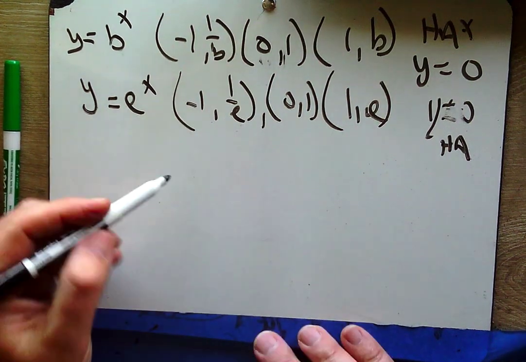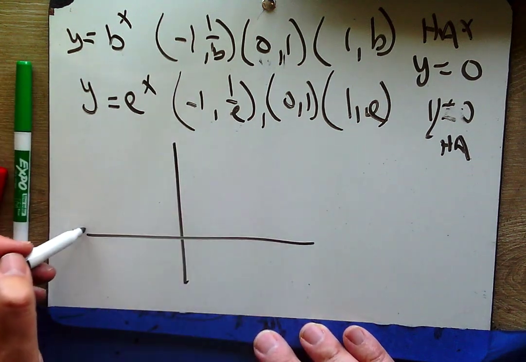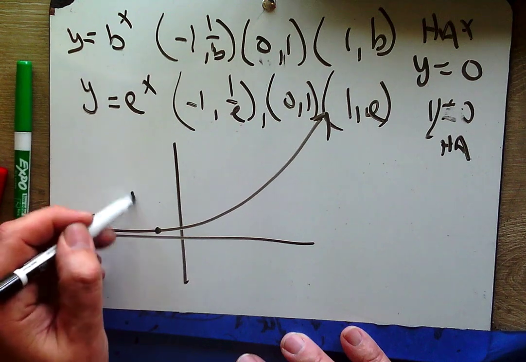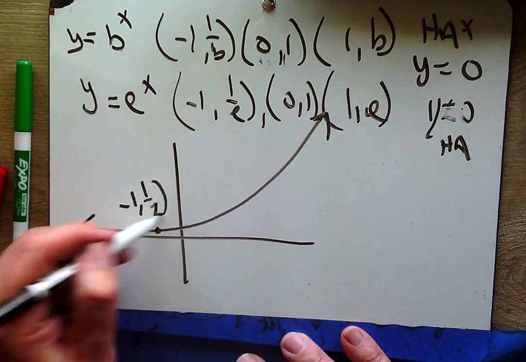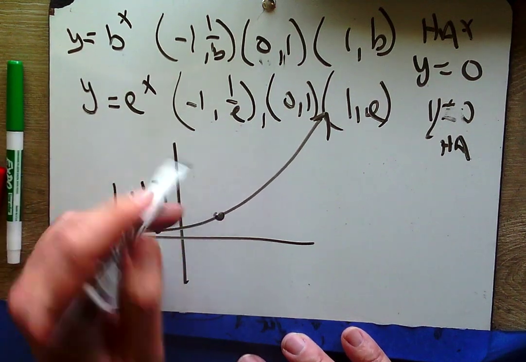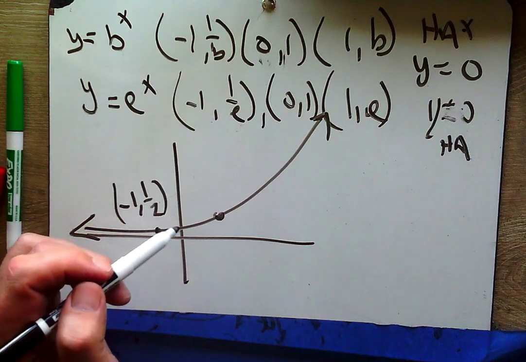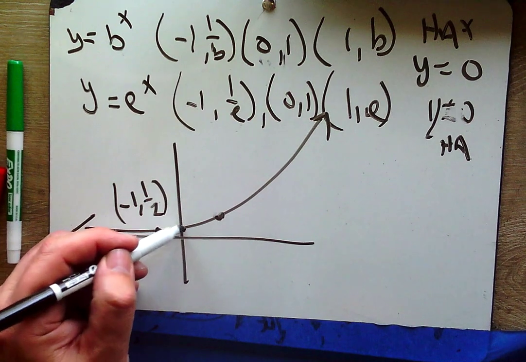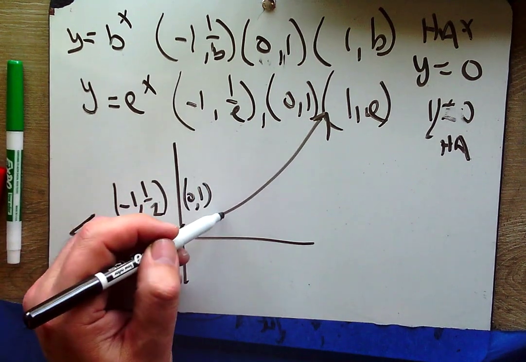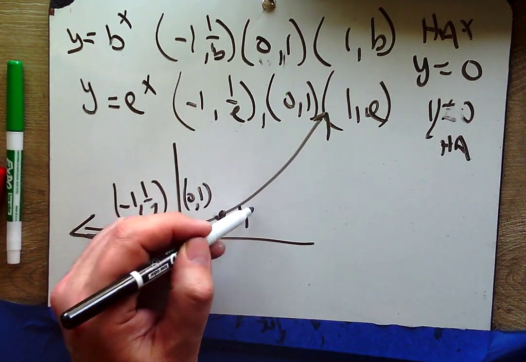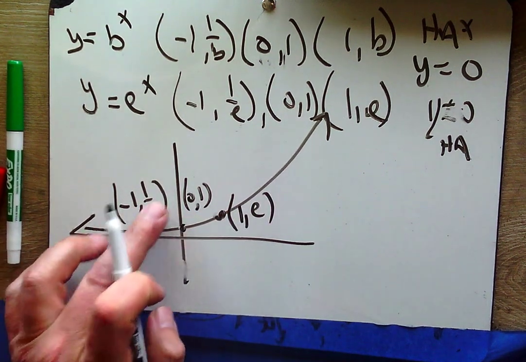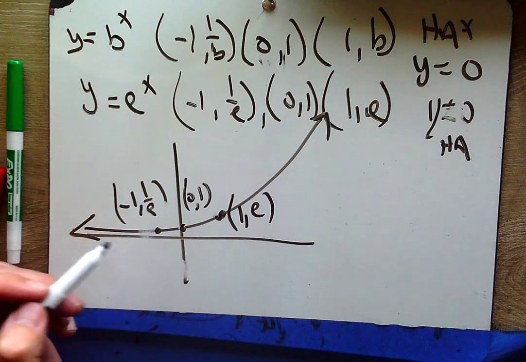Well, in some respects, the reference graph is just that exponential growth. Negative 1, 1 over e, 0, 1, and here 1, e.